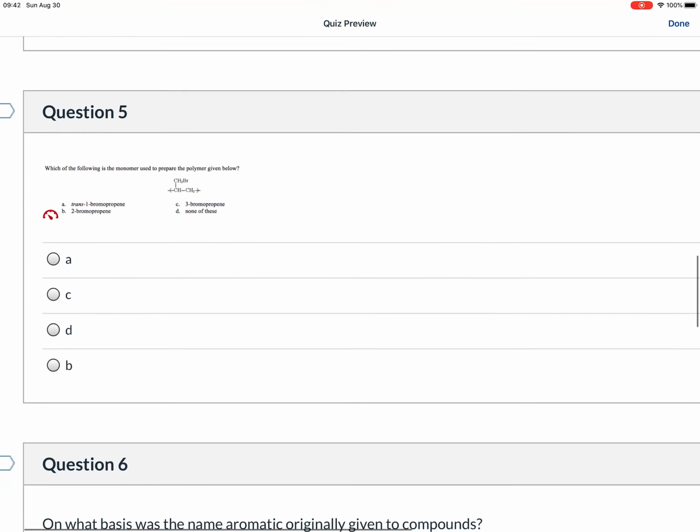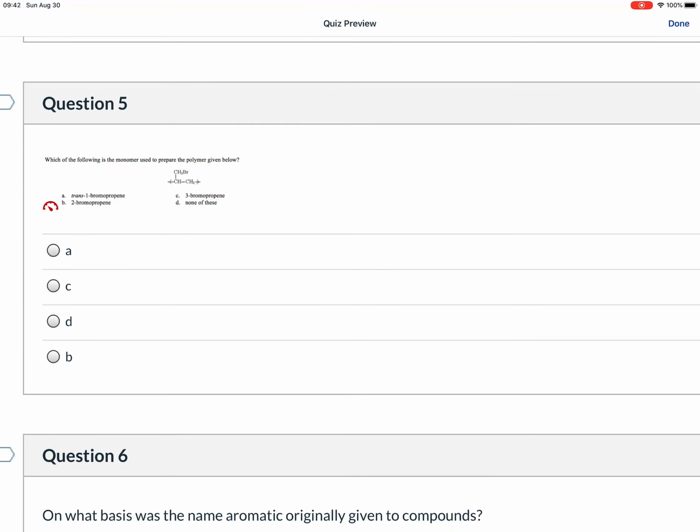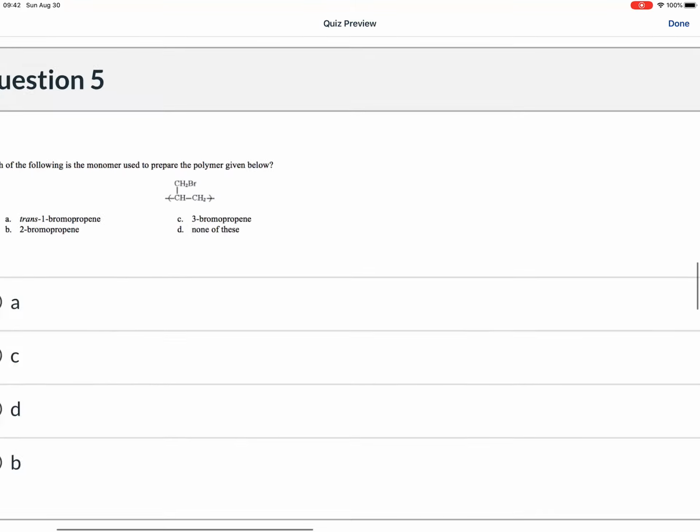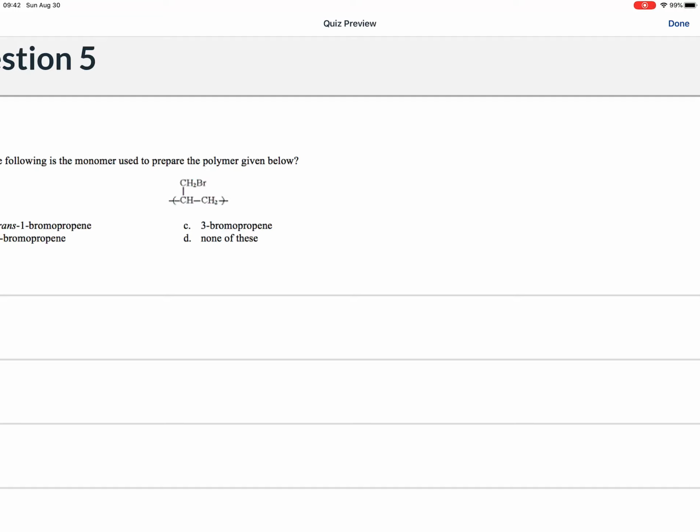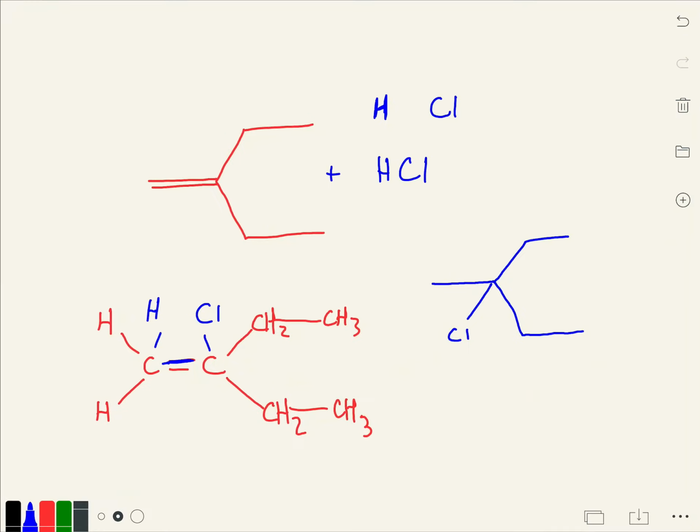Question 5. Which of the following is used as a monomer to prepare the polymer given below? So you can see the repeating portion in parentheses, right? So let me give you the CH2Br. So we've got CH double bond CH2.